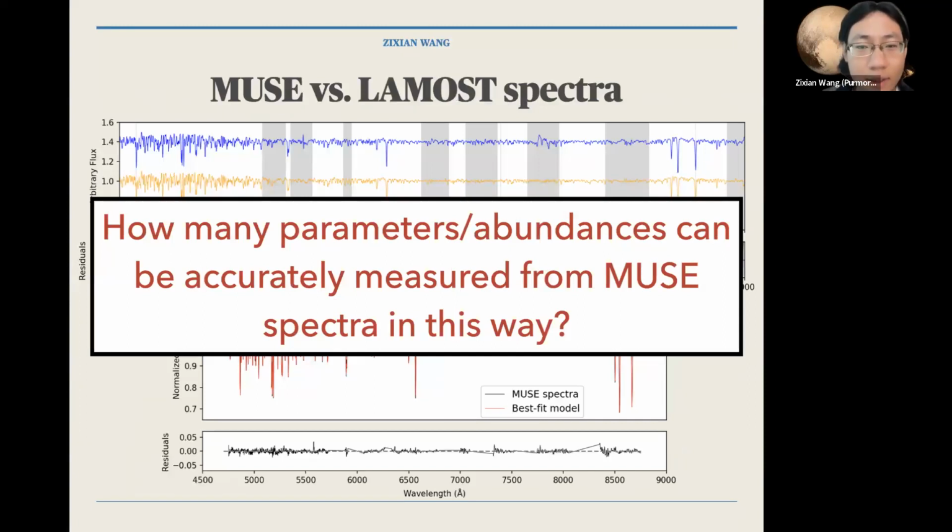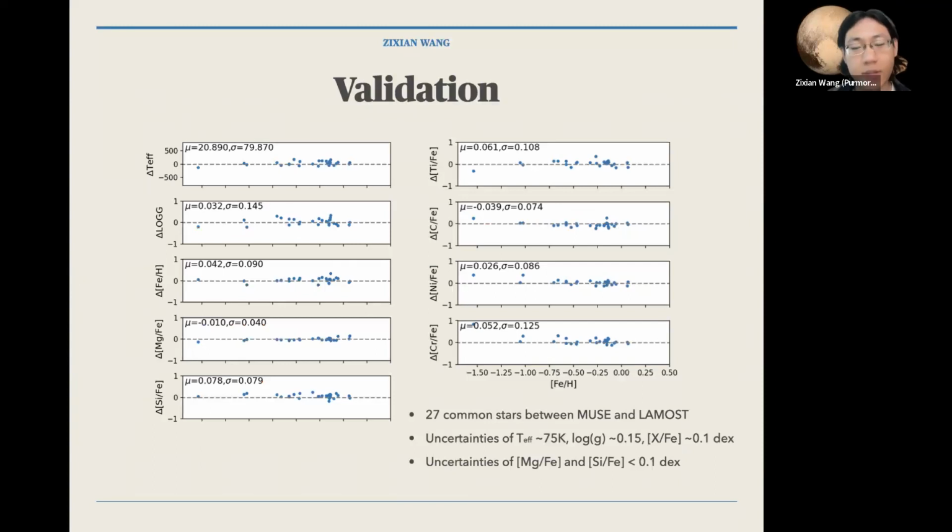So to address this question, I made a validation process. Basically, I first find 27 common stars between MUSE and LAMOST, and then I plot the differences of the measurements from MUSE spectra minus those from LAMOST spectra as a function of metallicity.